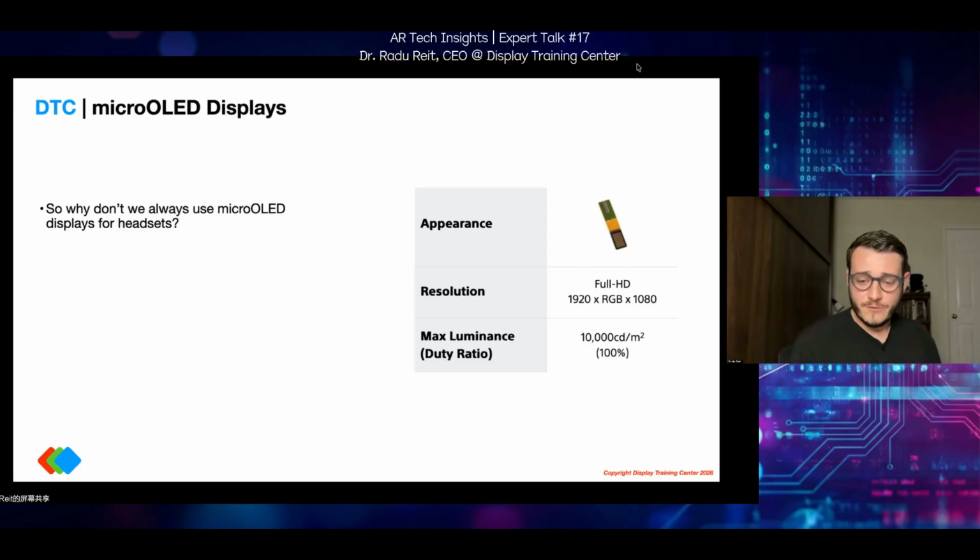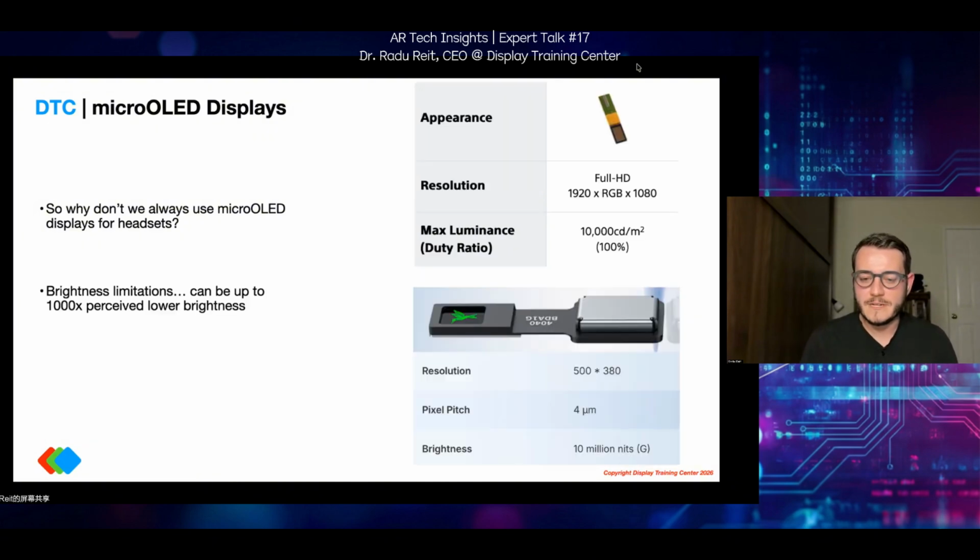So why don't we always use OLED? If OLED's so good, if I'm always talking about how amazing OLED looks, why not always use it? It is brightness. Brightness is significantly limited for OLED. The industry standard has been set at about 10,000 nits, or 10,000 candela per meter squared. In the top right, you see one of Sony's newest 1080p panels launched on the market, and at 100% duty, so 100% on, they can reach up to 10,000 nits.